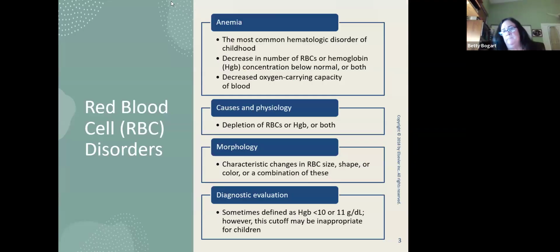So red blood cells. We know that anemia, or iron deficient anemia, will be the most common of all the hematological disorders in children. Now, let's look at that. What is anemia? And what are red blood cells? Why are we so concerned about these? Well, what do red blood cells do?